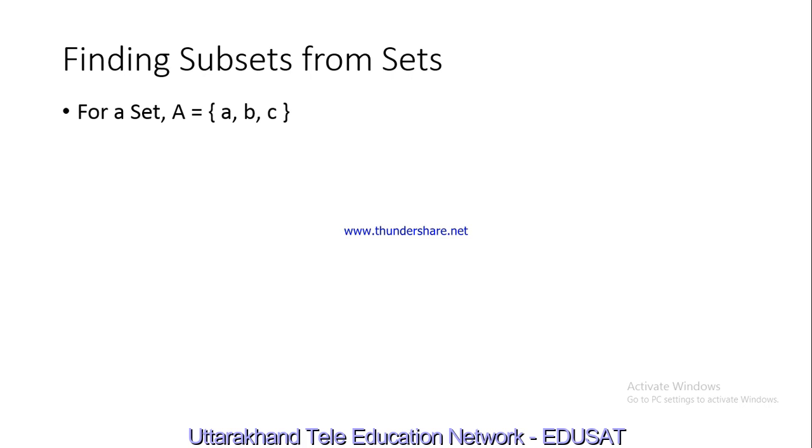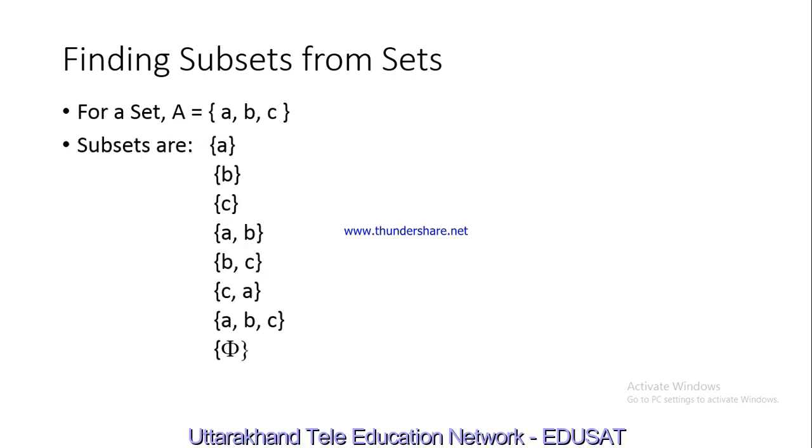So here the capital A is a set which has three elements, which are being shown here by small a, small b and small c. So these would be the subsets. We have used the same procedure. We have taken all the elements one at a time. Then moving forward, we took two elements at a time, and then three elements in one go. This way we were able to find out all the subsets of this set A.